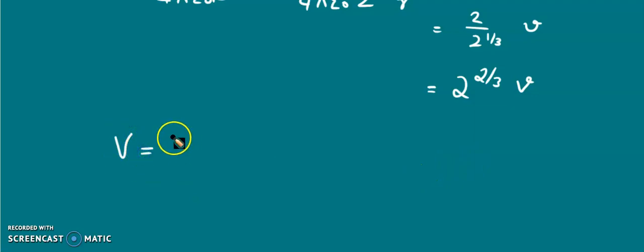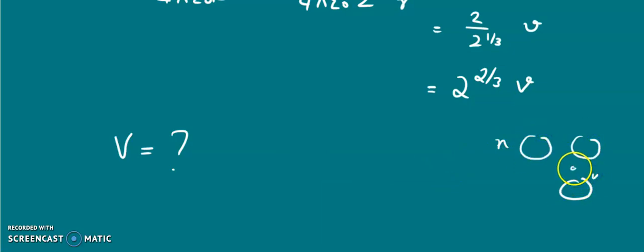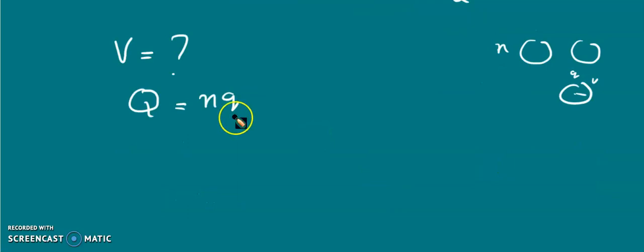We have n small drops, each having potential V, charge small q and radius r. We know that capital Q is n times q, q plus q n times, and the volume is conserved.